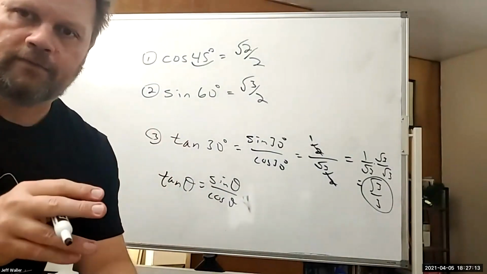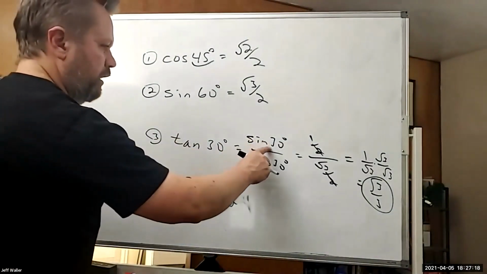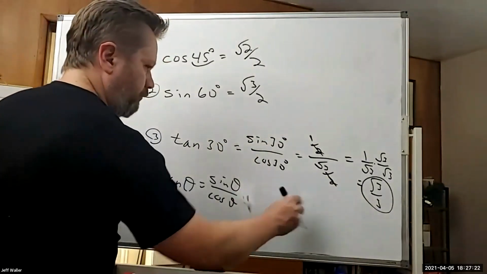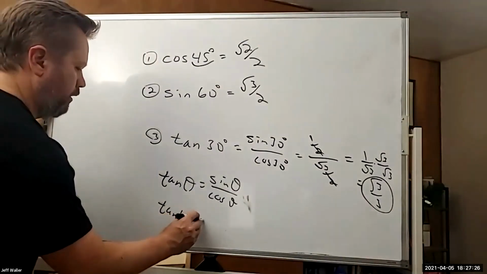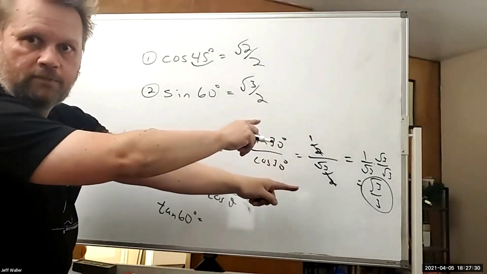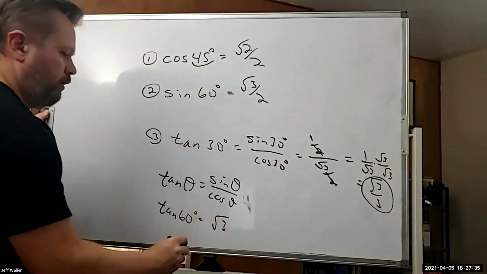So this is how I kind of think about tangent. Sine is going to be smaller at 30. So that's why it's rad 3 over 3 at 30. What's tangent of 60? It would just be this the other way around, right? You guys with me? So this is going to end up being rad 3, which is bigger.